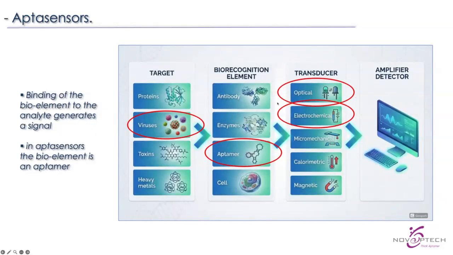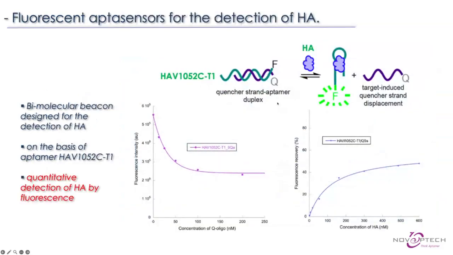So I will now describe these two different sensors. For the first one, which allows detection by an optical signal, we take advantage of what we call a molecular beacon. In this case, the optimized aptamer is associated with a complementary oligonucleotide.